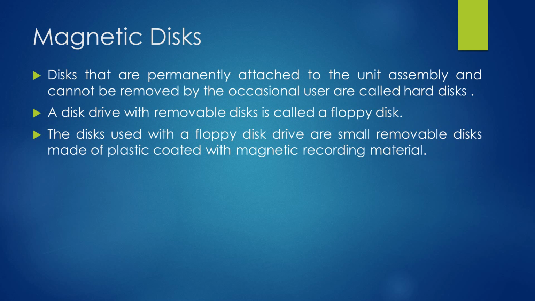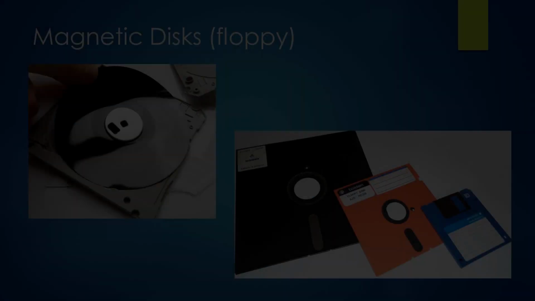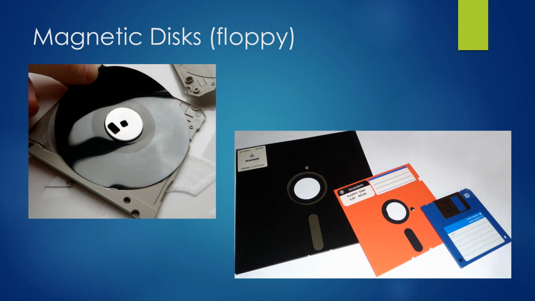Now, the magnetic recording material which we are talking about is nothing but the material which is being used in cassettes. The same plastic, the same material will be used inside the floppy disk. We'll see the diagram of which kind of material it is and what it looks like. Now in this diagram you can see the first portion which is showing the black film. It is an open floppy drive, a plastic film coated with a magnetic material.